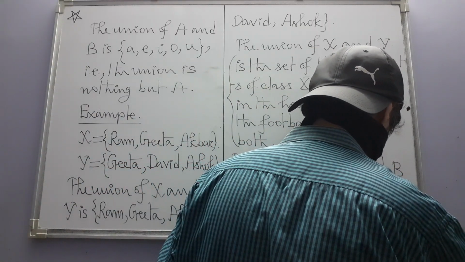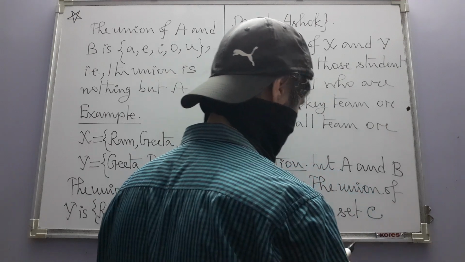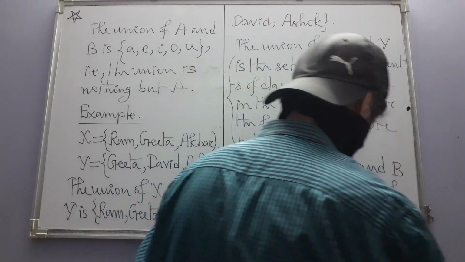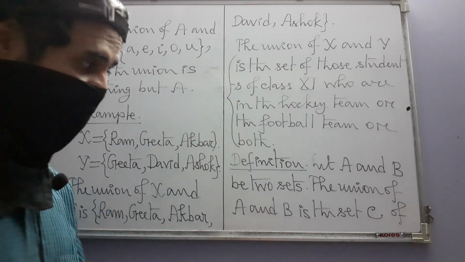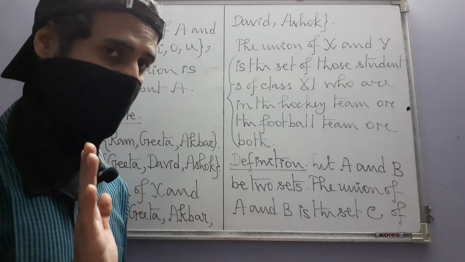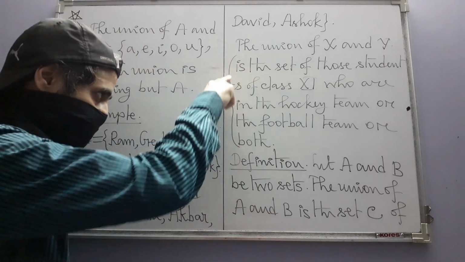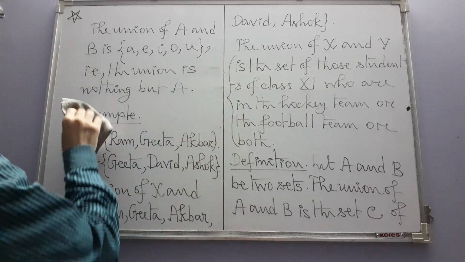That is the set C of all the elements. But now we won't say all the elements of A together with all the elements of B. That was a rough way of expressing the union. No, we are going to go somewhat like this.